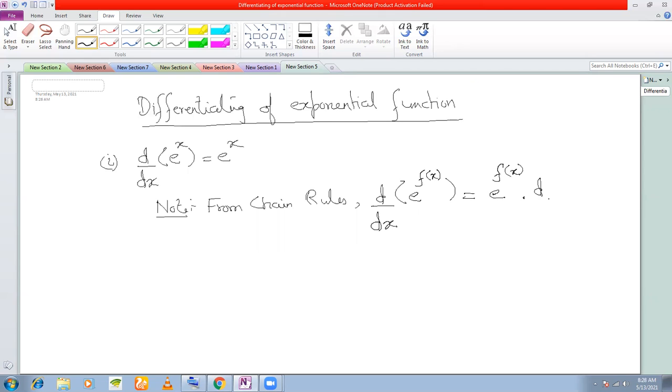And then we differentiate f(x). Understood? So you get e to the power of f(x) into f dash x.